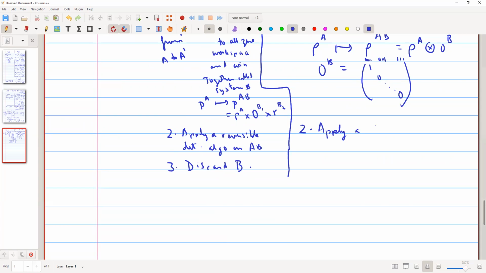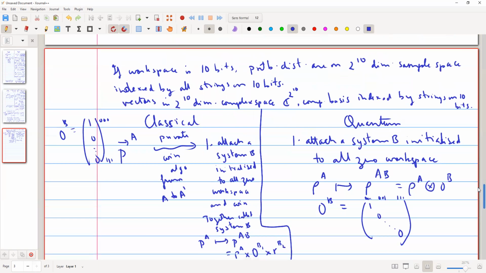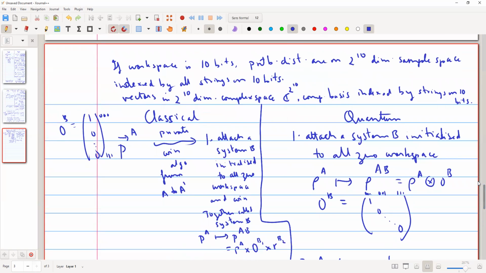Question. Can you scroll up a little bit? So this complex space of dimension 2 to the 10, what is this the analog of? This is the analog of the sample space. Now we are allowing each and every element to be complex.